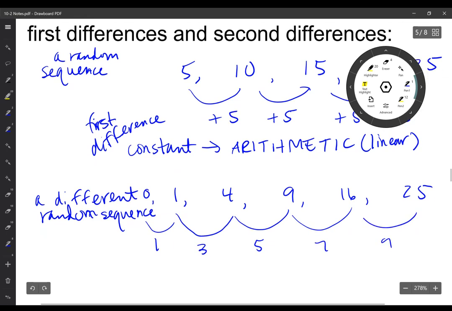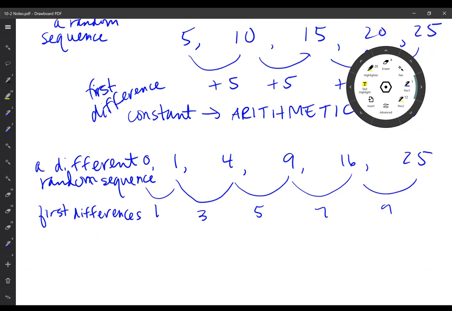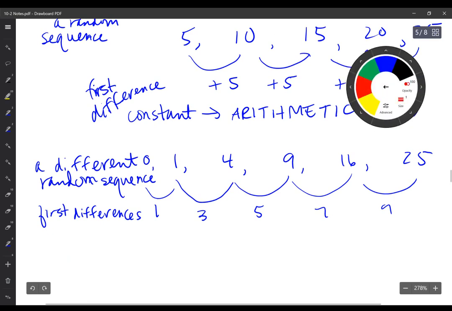So my first set of differences are not a constant. But what if I look at my second differences? That means take all the differences from the first set and look at what is going on between all of them. Between 1 and 3, I'm adding 2. Between 3 and 5, I'm adding 2.